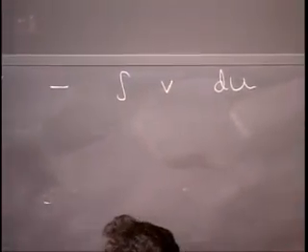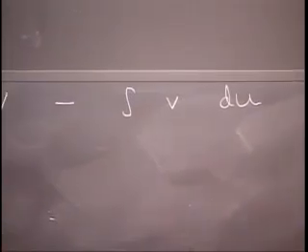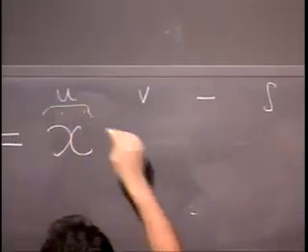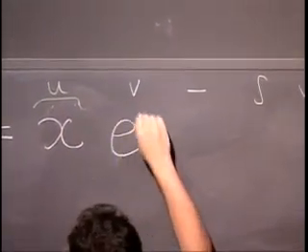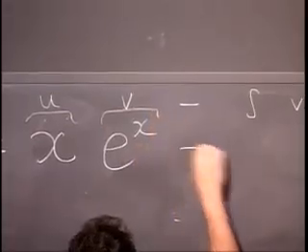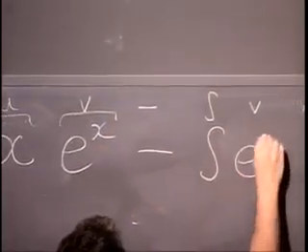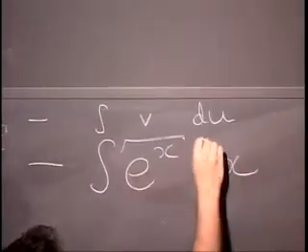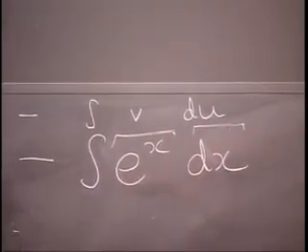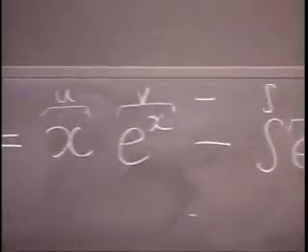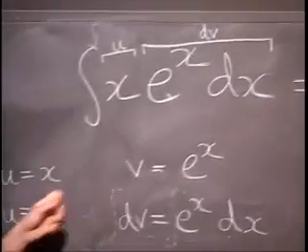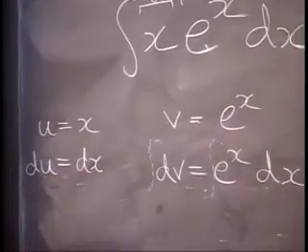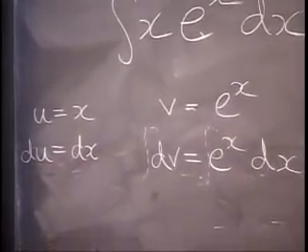And the reason I've written it up there is so that I can write u is x, v is e to the x, minus the integral of v, e to the x again, du is just dx. So I've substituted the values of u and v and du. I actually didn't need dv again because it doesn't appear on the right-hand side.